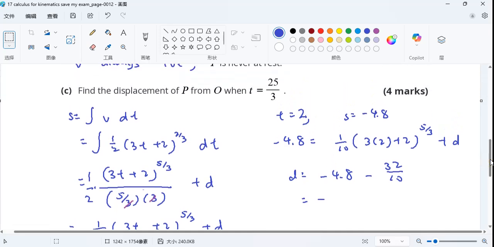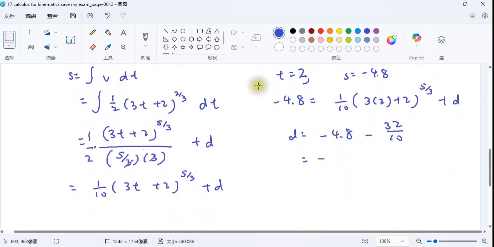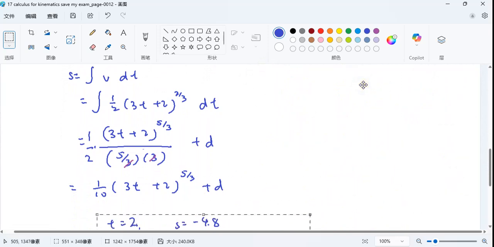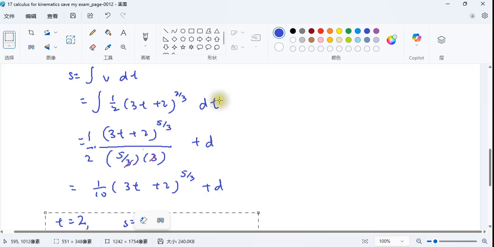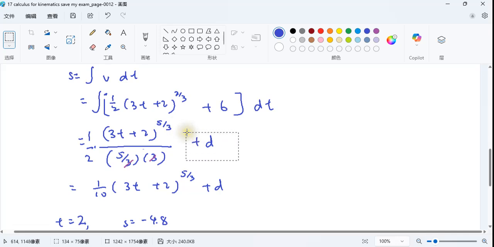Here, I make some mistake. Then plus 6. Should have plus 6 there. Okay. So plus 6. Then plus 60.